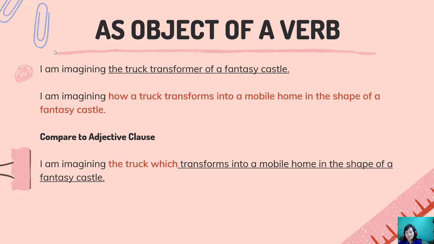There are so many. But in adjective clause, you have only who, whom, which, and whose, and you still have three others: when, where, and why.